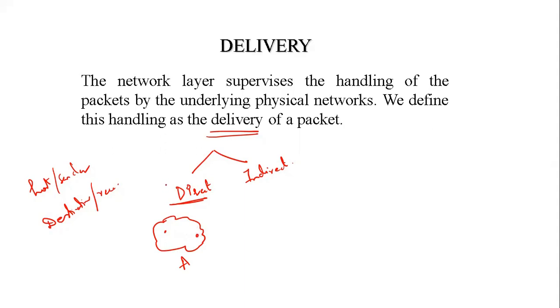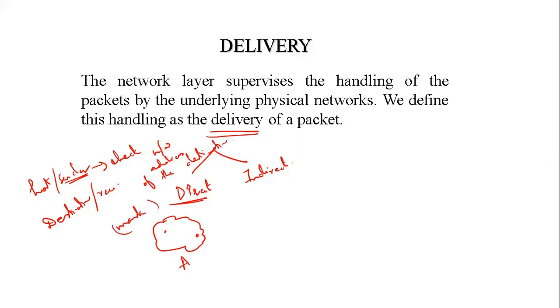So how can a sender determine whether it is direct delivery or not? How is the host determining that? It can check the network address of the destination. Using what? It will use the mask.